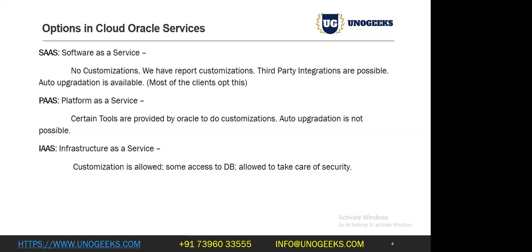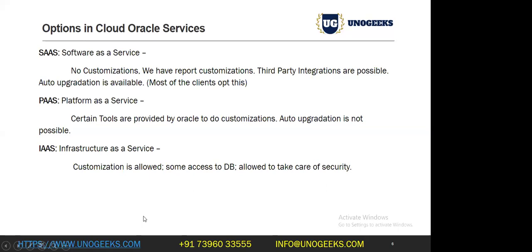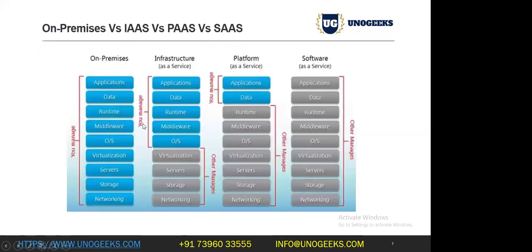Next, I have taken a few important slides related to these different options, to show who is going to take care of what. Basically, on premises, as I mentioned earlier, you can consider it like EBS.